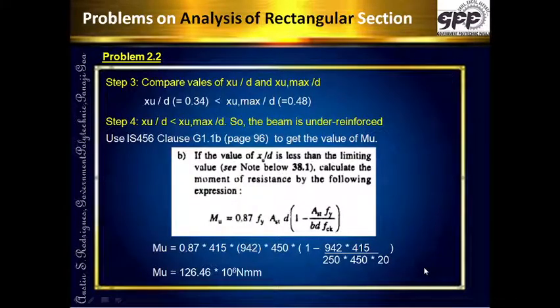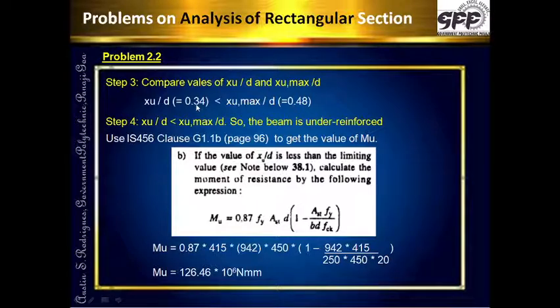Now going further to step number 3, compare the values of actual neutral axis to effective depth, that ratio, and the maximum depth of neutral axis to effective depth, the ratio. So actual neutral axis to the effective depth, the value is 0.34. We find that it is less than maximum value of neutral axis to the effective depth, which is 0.48.